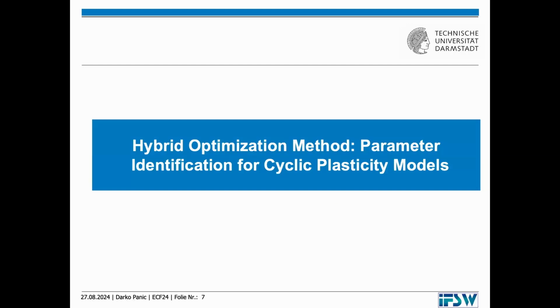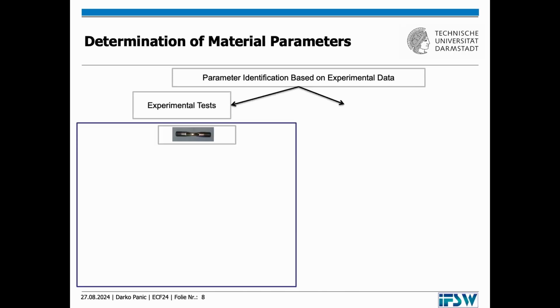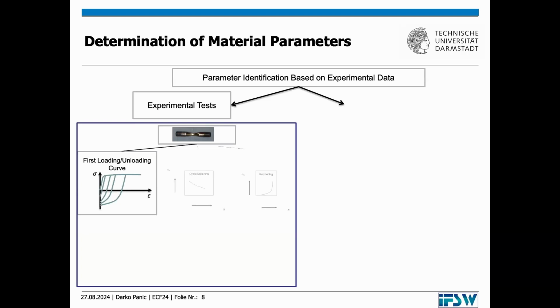Yes, and one slide perhaps for the part of the research work concerning the determination of material parameters. I will keep it short because you can talk about one hour only about this method. We see, first of all, the first loading and unloading curve to capture the Bauschinger effect, for example.